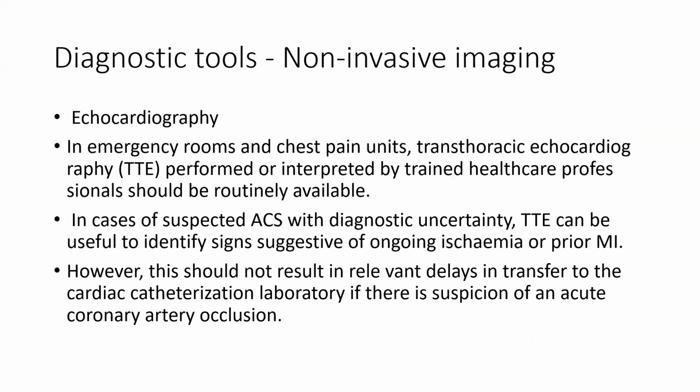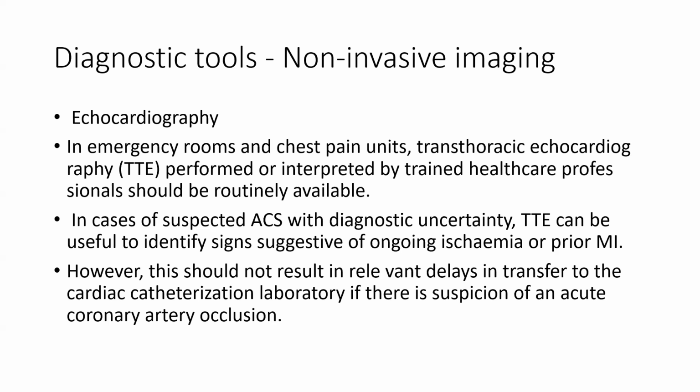Now, non-invasive imaging, echocardiography. In the emergency room and chest pain unit, transthoracic echocardiography performed and interpreted by a trained healthcare professional should be routinely available. In cases of suspected ACS with diagnostic uncertainty, TTE can be useful to identify signs suggestive of ongoing ischemia or prior MI.